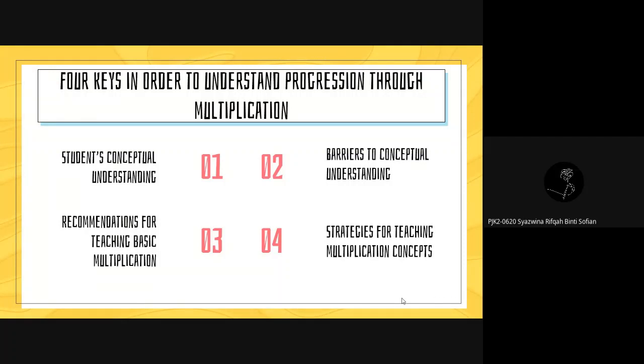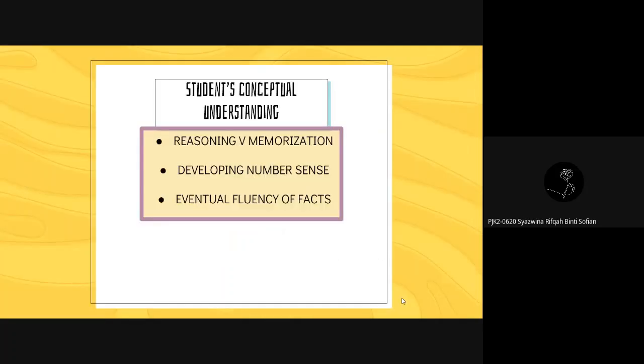First, students' conceptual understanding. Second, barriers to conceptual understanding. Third, recommendations for teaching basic multiplication. And fourth, strategies for teaching multiplication concepts. So the next slide, students' conceptual understanding, will be presented by Nadia.